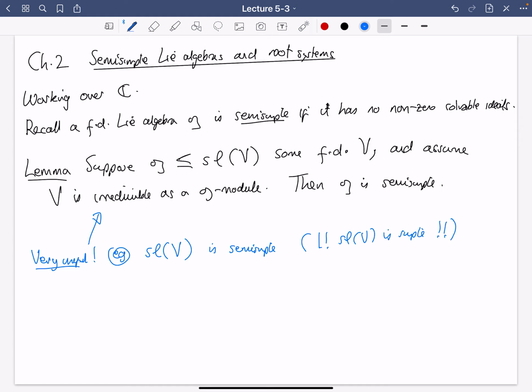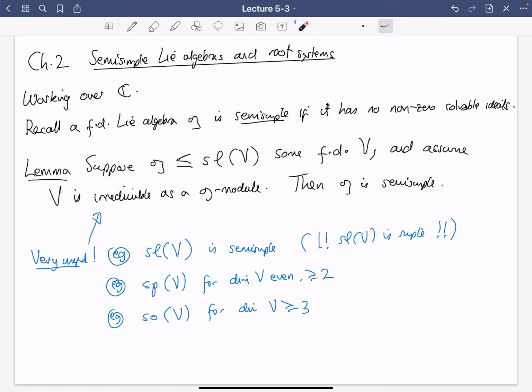But it also applies, for example, to the symplectic Lie algebra SPV, for dim V being even, necessarily to have a skew-symmetric bilinear form, and greater than or equal to 2, and it applies to the special orthogonal Lie algebra SOV for dim V greater than or equal to 3. So in those cases, you know that they are trace zero matrices.